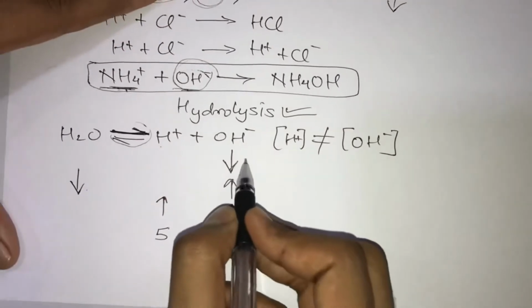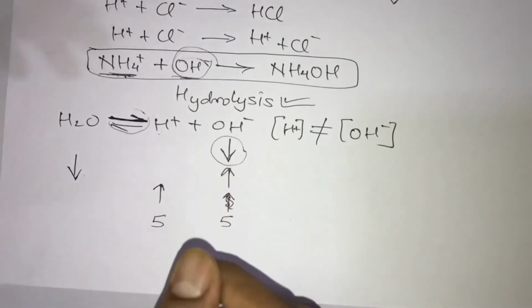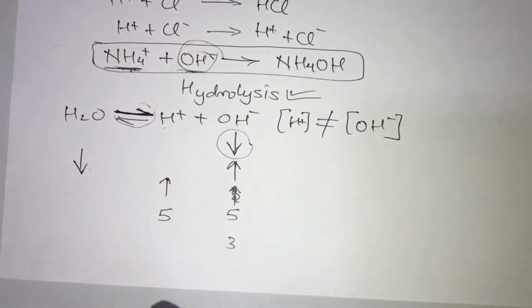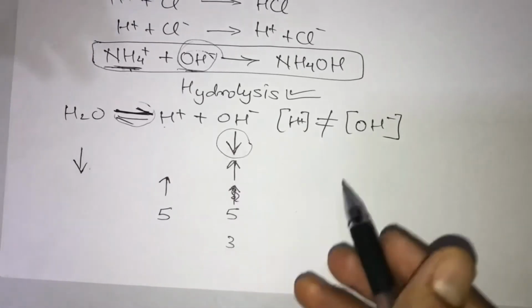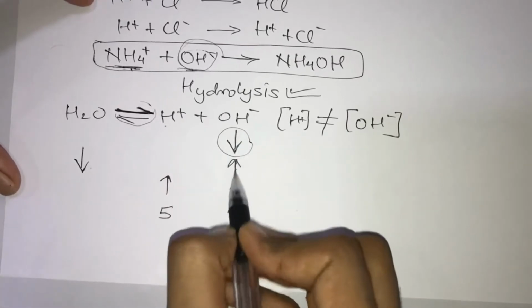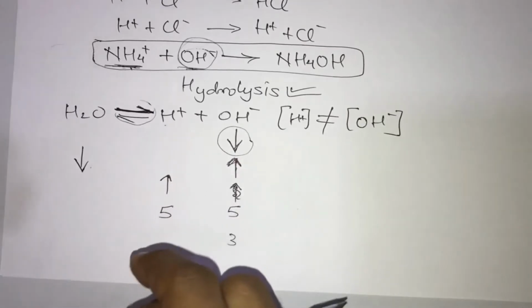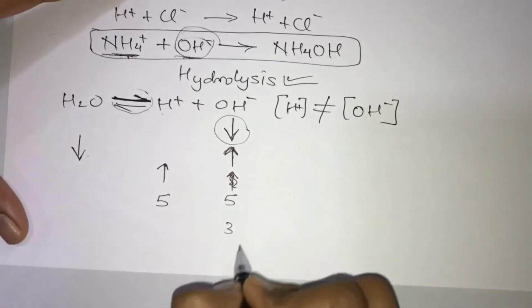Afterwards, OH- decreased to 3 moles. Now to compensate the effect and establish a new equilibrium, the reaction increased the concentration of OH- by +1.